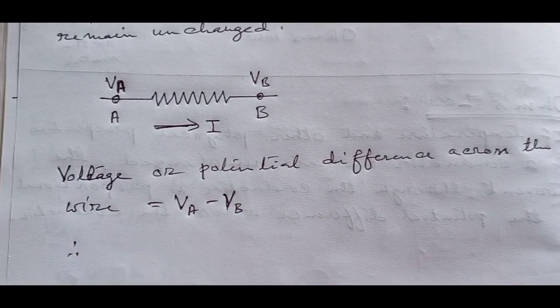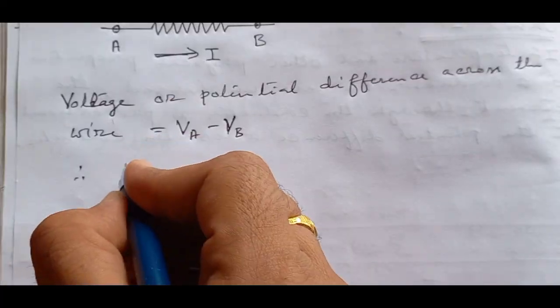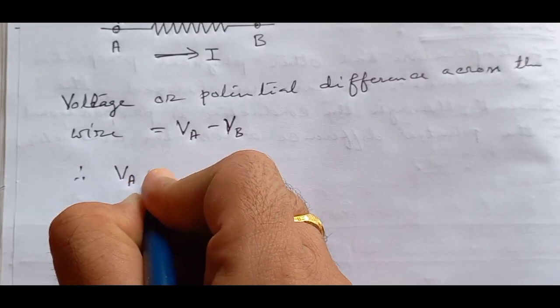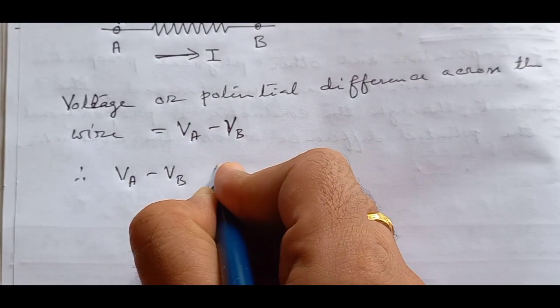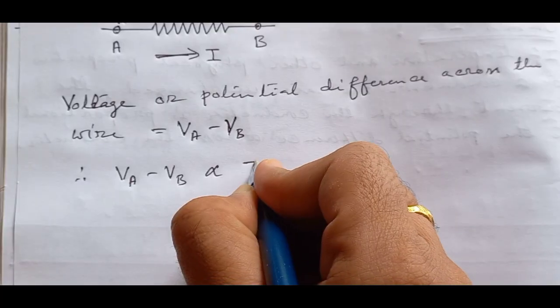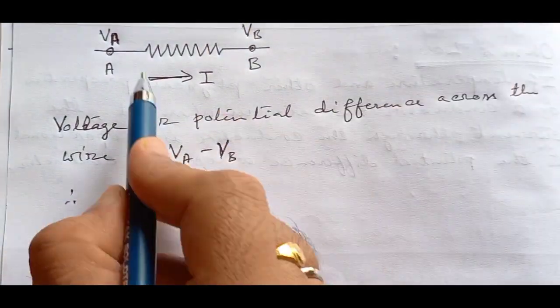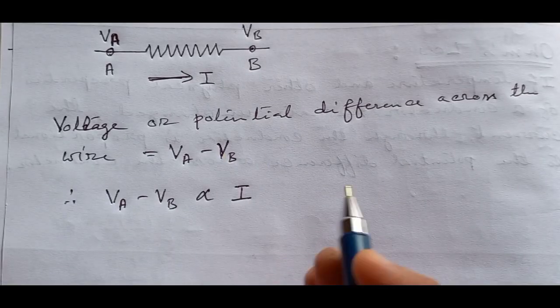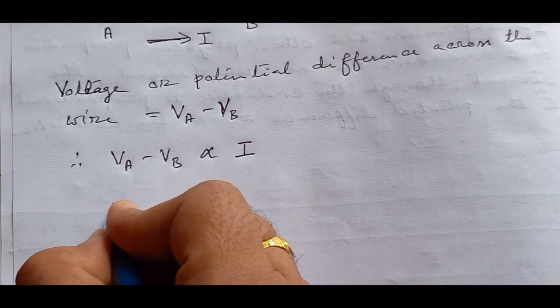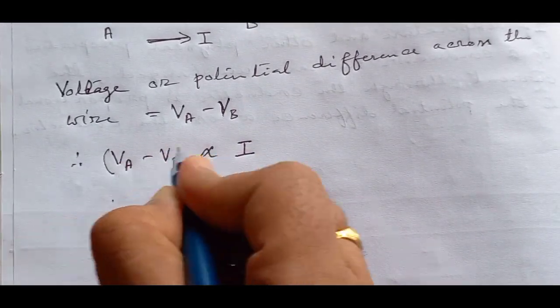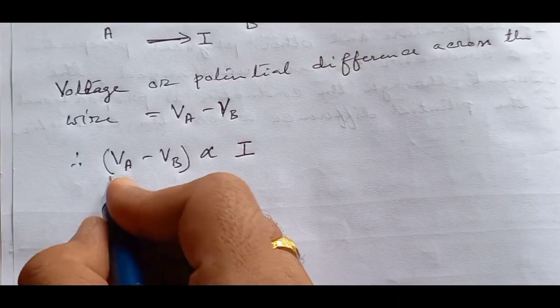Therefore, according to Ohm's law, VA minus VB is directly proportional to the current flowing through the conducting wire, I. Therefore, VA minus VB is proportional to I.